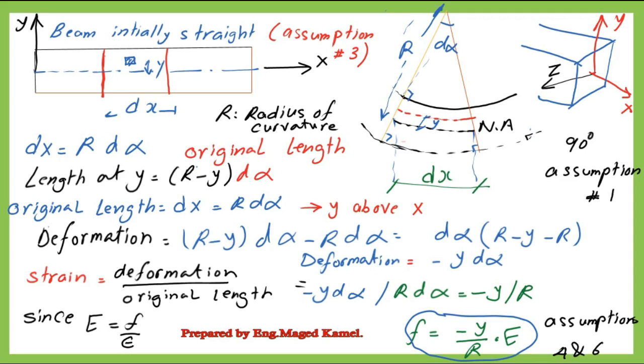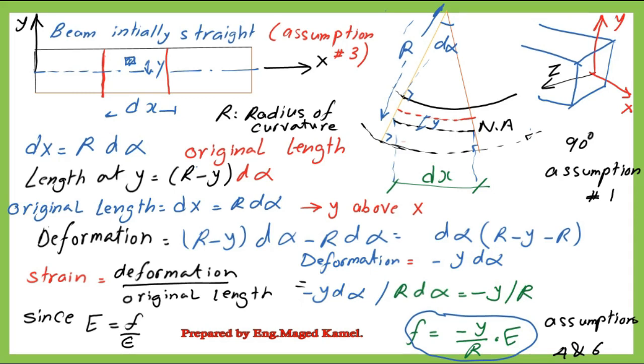And since the strain is the deformation over the original length, the deformation is minus y d alpha, and the original length was r d alpha. So we are left with minus y over r. Since the Young modulus of elasticity equals stress over strain, our strain is equal to minus y over r.